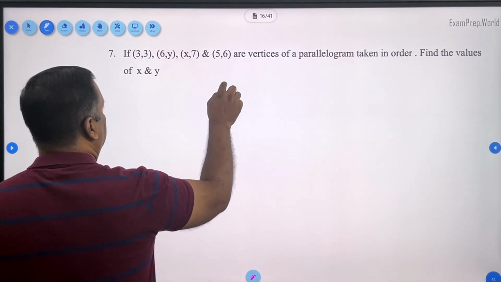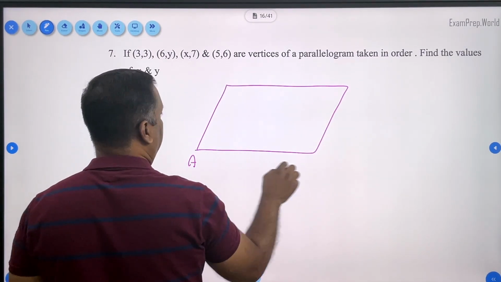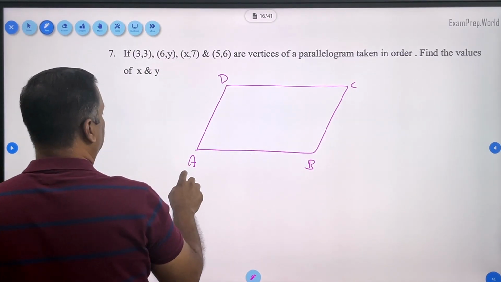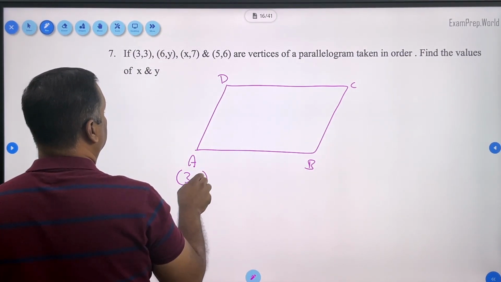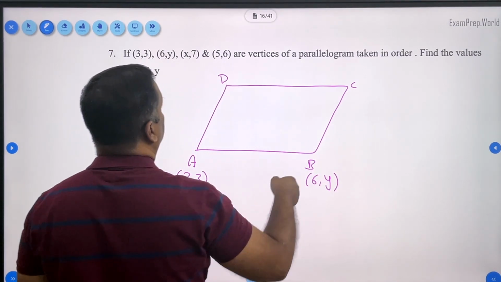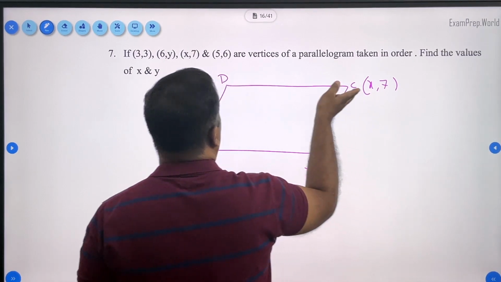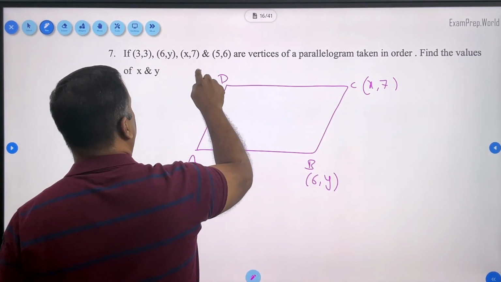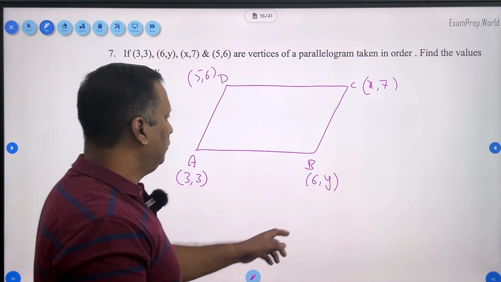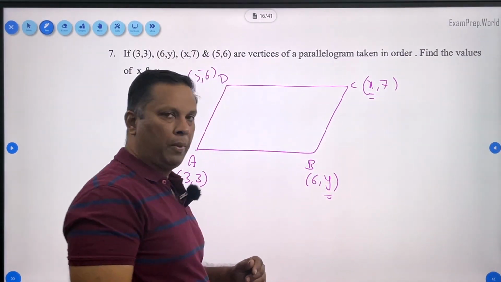Once again we draw a parallelogram A, B, C, D, with points 3, 3, 6, y, x, 7 and 5, 6. We have to find the values of y and x.